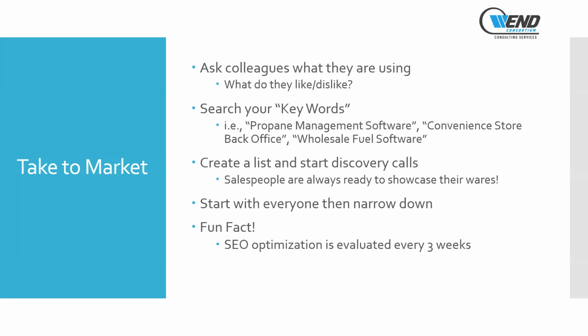Same thing with convenience stores, same thing with wholesale fuel software. You want to make sure you create your list off of those that you're finding out there, whether it's a colleague reference, trade show reference, keyword search reference, and take that list and build those lists out on your scorecard and start your discovery calls.